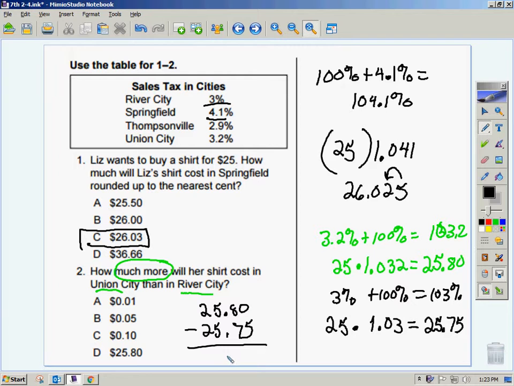How much more did it cost? 5 cents more. That's why the correct answer is B.